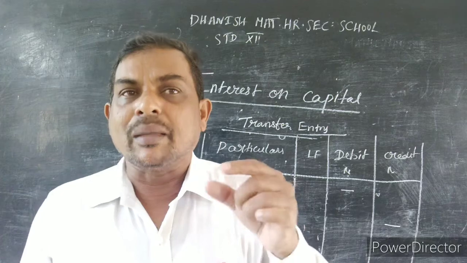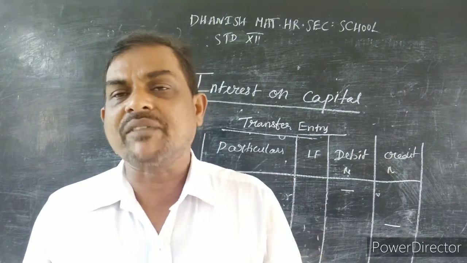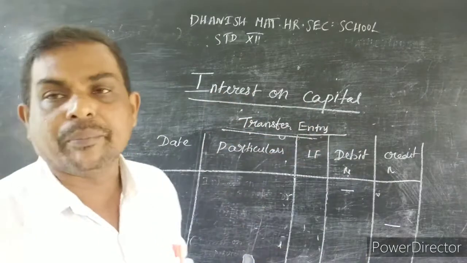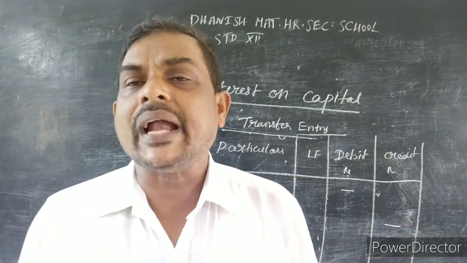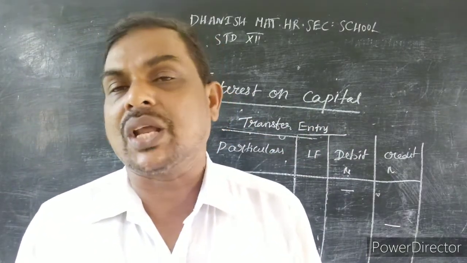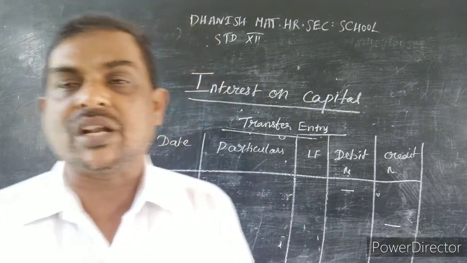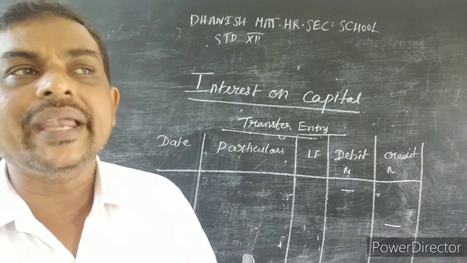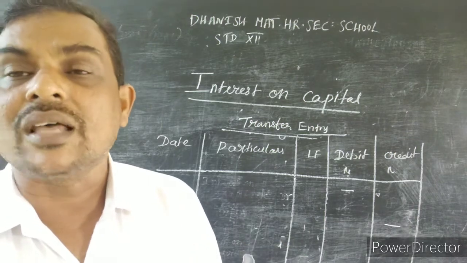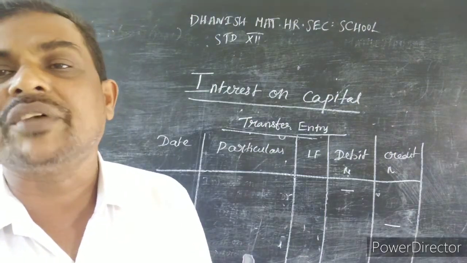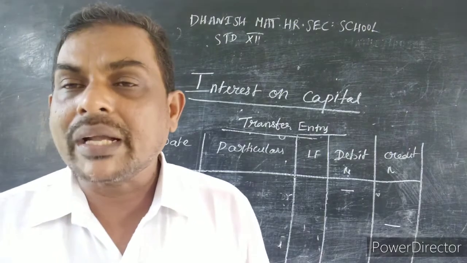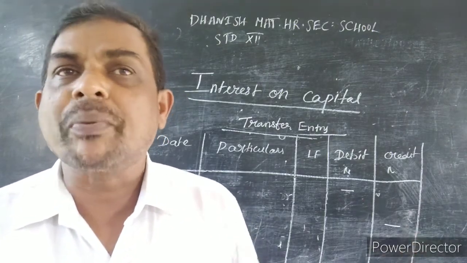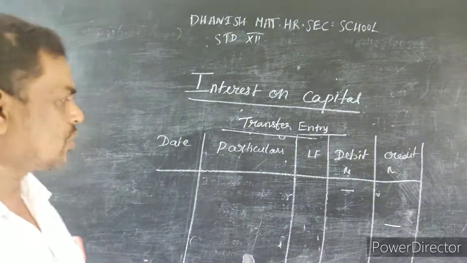So this interest on capital will be debited in profit and loss account, but here we have to say profit and loss appropriation account. In partnership, we have to apportion this interest on capital to profit and loss appropriation account.